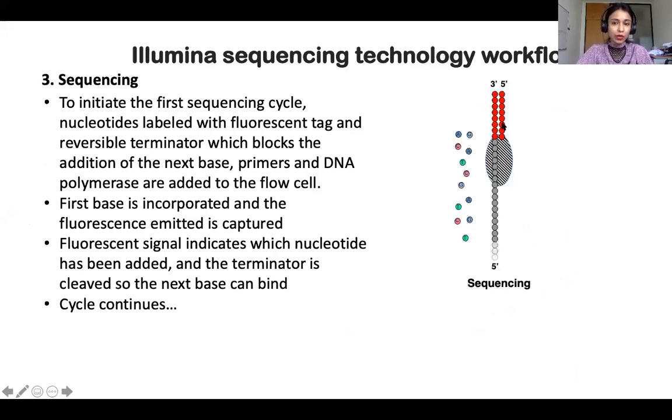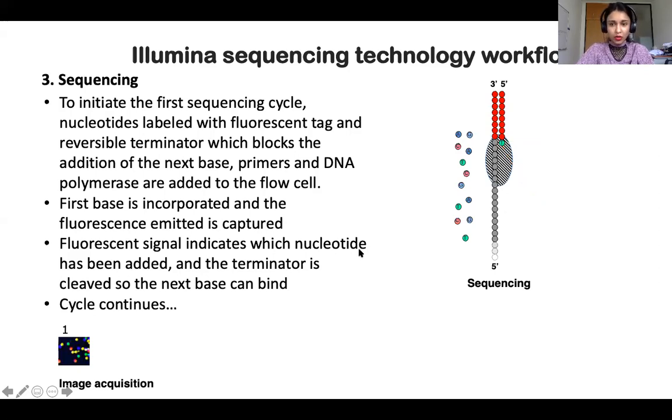So this is exactly how it looks. Your single-strand DNA, your adapter sequence, and these are your nucleotides which are already tagged with fluorescence. So when your first base is added, fluorescence is emitted and it's captured, so an image is acquired.